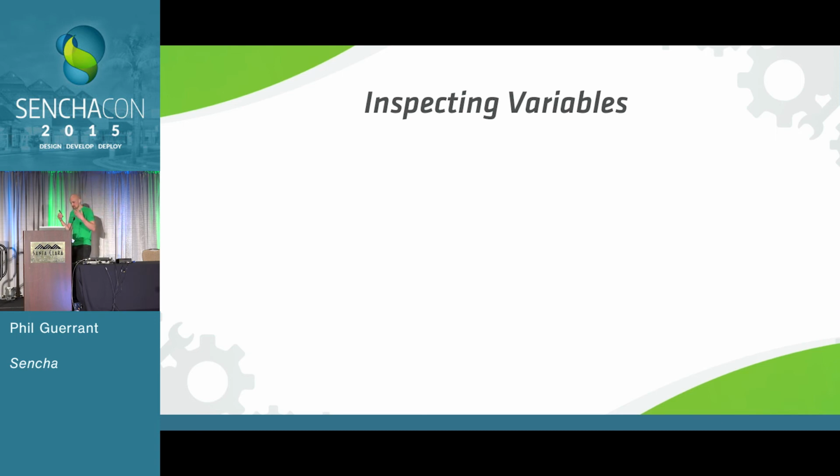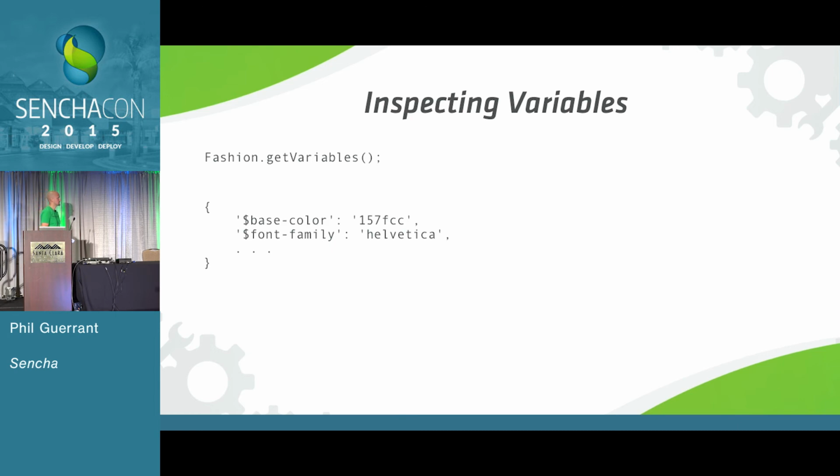So how does the Sencha Inspector work? I'd like to give you just sort of a quick preview into that. There's an API for inspecting the variables that Fashion has available to you, and that is fashion.getVariables. What it returns is a simple object that looks like this. Could have thousands of things in it, could have only a few, but it's just a simple object where the keys are the variable names, the values are the current variable values.